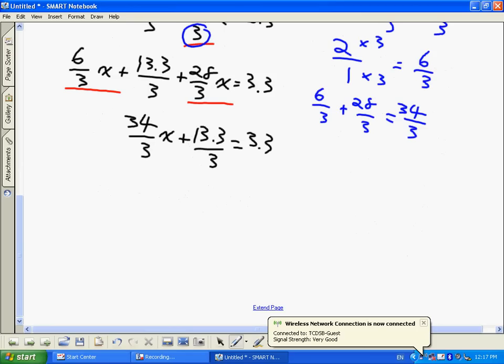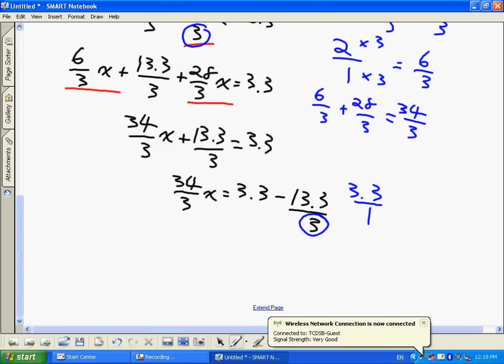Okay? I need to move 13.3 over 3 to the other side of the equation. 34 over 3x is equal to 3.3 minus 13.3 over 3. Same idea. If I combine those, I need a common denominator again. So I need to turn 3.3 into a fraction, which is 3.3 over 1. I need a common denominator of 3 because 13.3 is over 3.